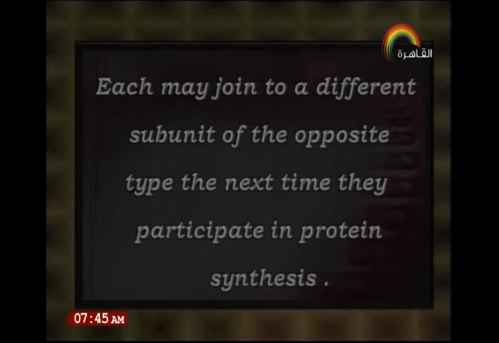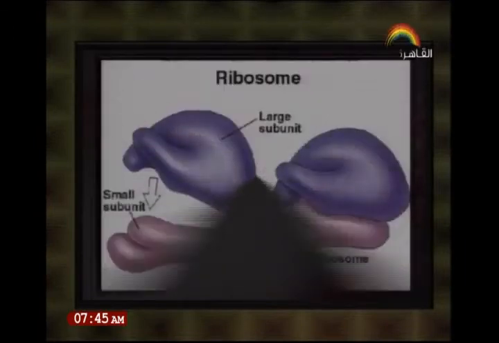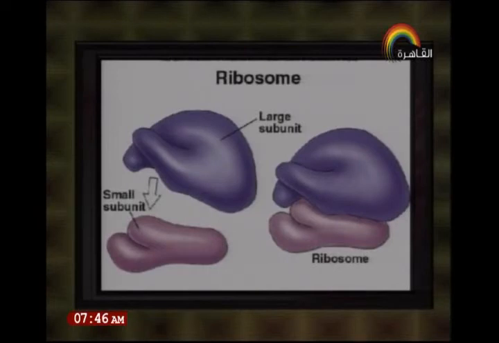Each may join a different subunit of the opposite type the next time they participate in protein synthesis. This structure illustrates the ribosome, which consists of a small subunit and a large subunit. And the small subunit binds to the sequence of messenger RNA and helps in protein synthesis.